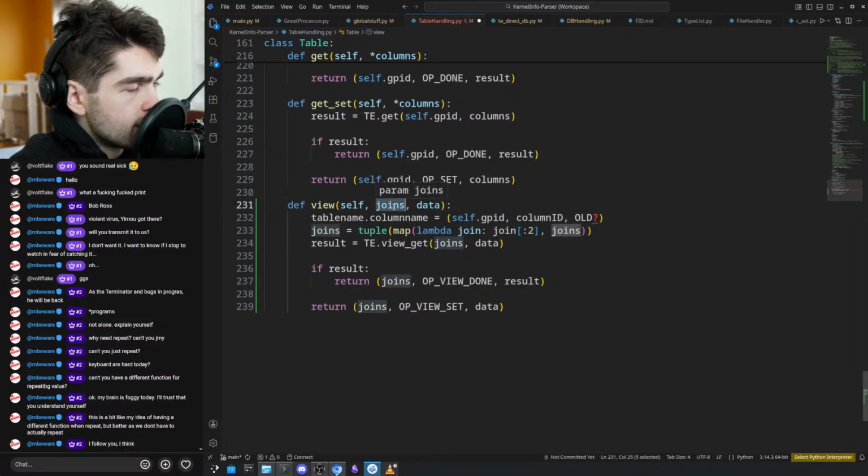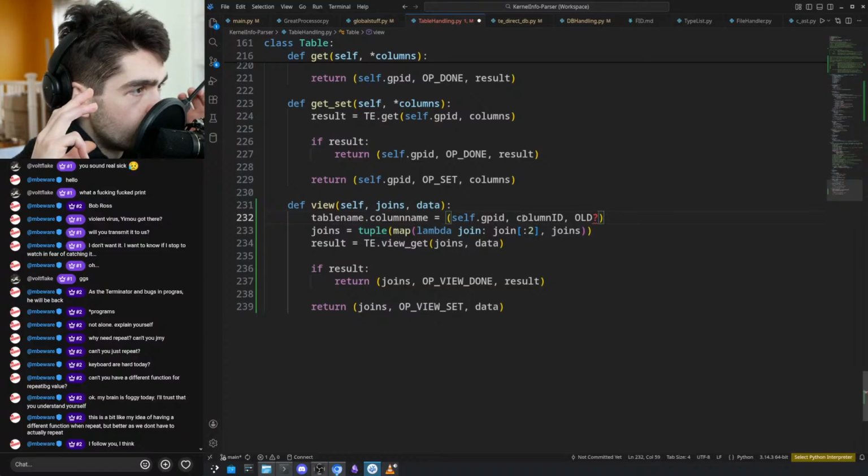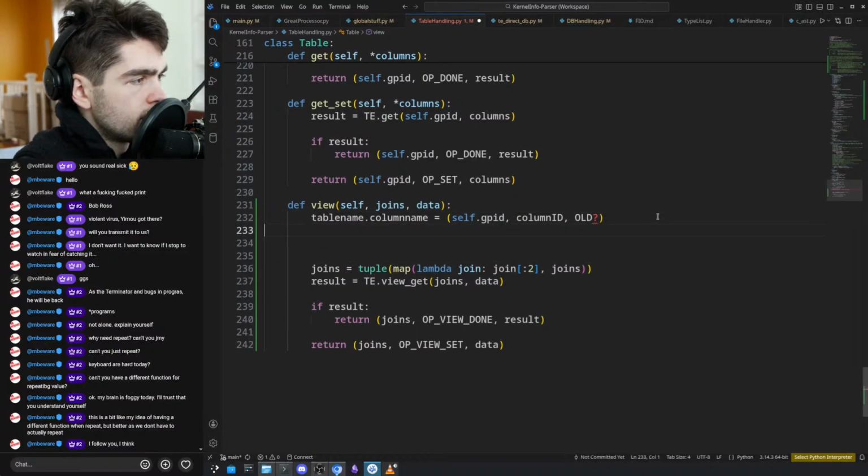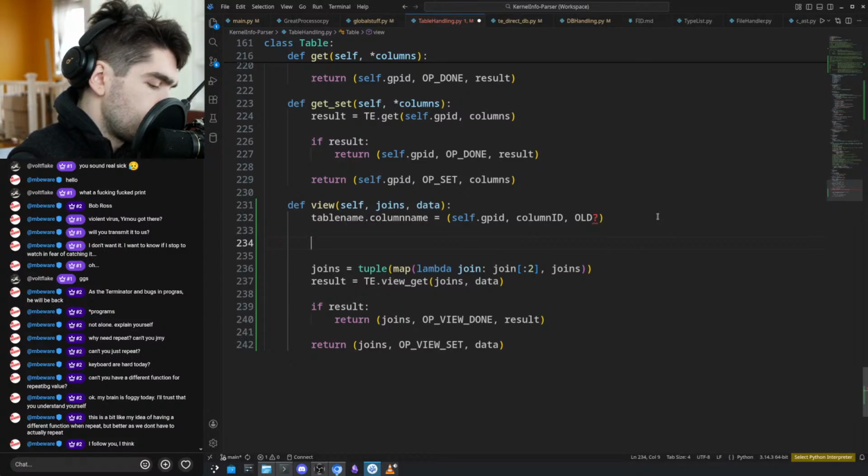So the joins, let's just think about this concept. We have the joins, so we have a tuple of a tuple. Right now we're going inside the tuple of the tuple, and so, let me think about this. So we have a tuple.